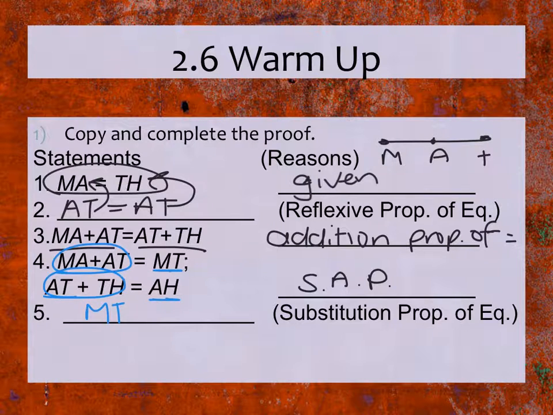So that's step 3. Combine step 3 and step 4. Good. So step 3 was your addition property, right, which said that those two parts equaled each other. And step 4 was segment addition. And then they combined step 3 and step 4 using substitution to get to that last statement.